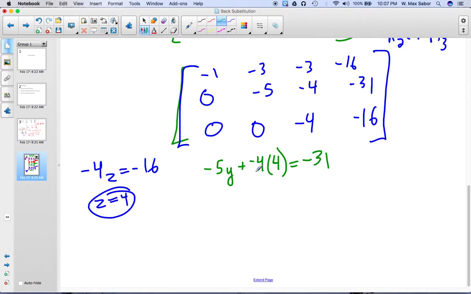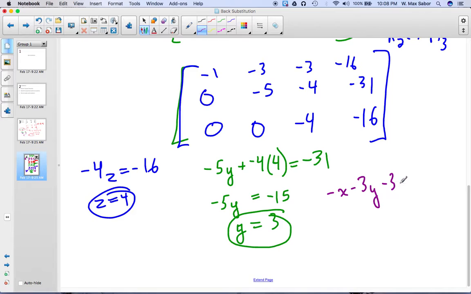So it tells us -4 times 4, so -5y equals, add 16 to both sides and we get -15, so y equals 3. And now we can use that with our first equation, which was -x minus 3y minus 3z equals -16.